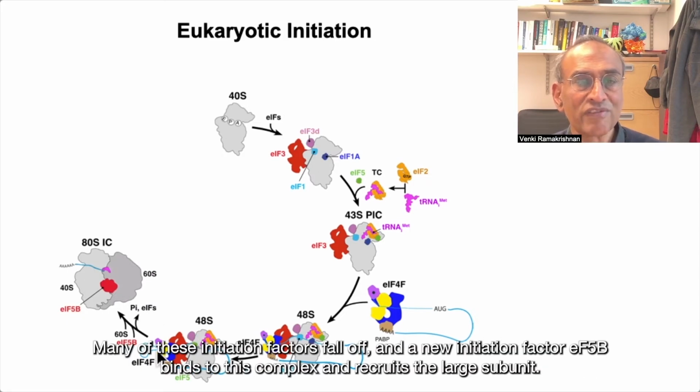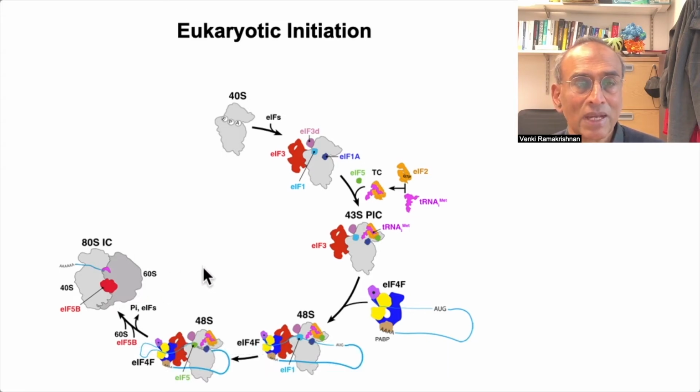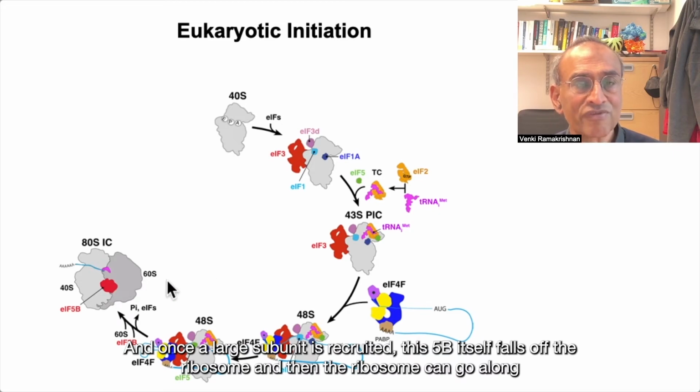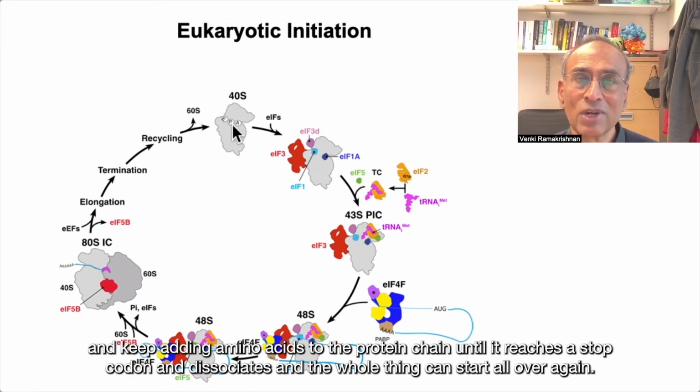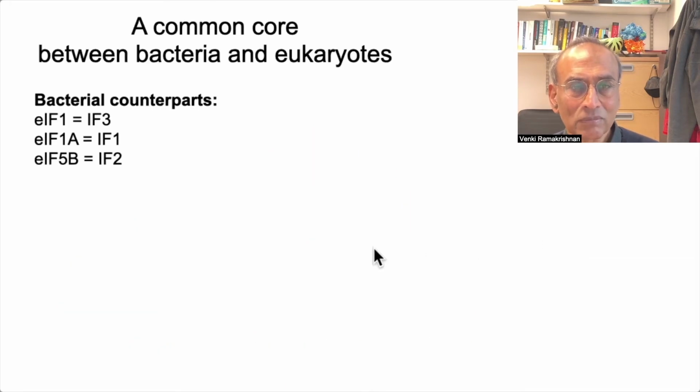Many of these initiation factors fall off, and a new initiation factor, EIF5B, binds to this complex and recruits the large subunit. And once the large subunit is recruited, 5B itself falls off the ribosome, and then the ribosome can go along and keep adding amino acids to the protein chain until it reaches a stop codon and dissociates, and the whole thing can start all over again.